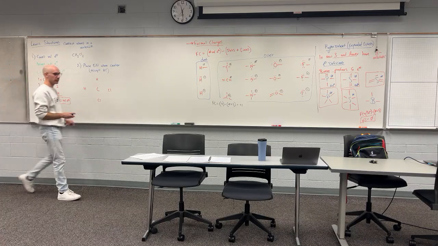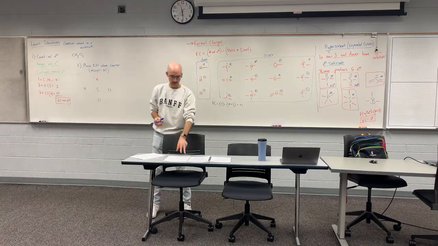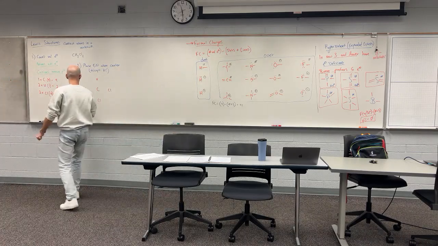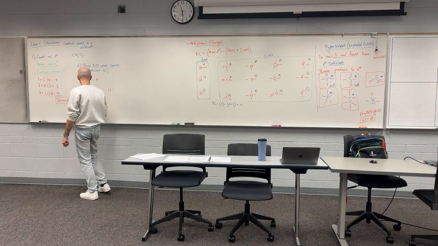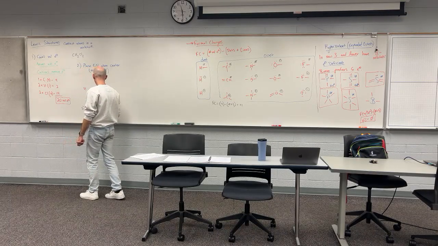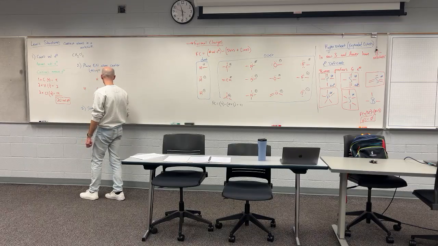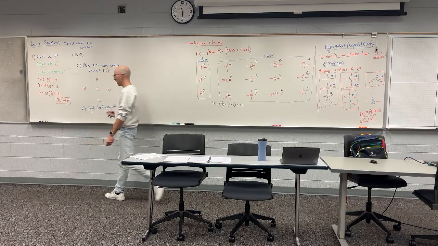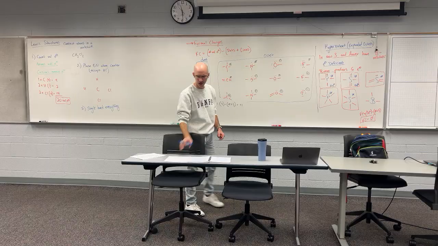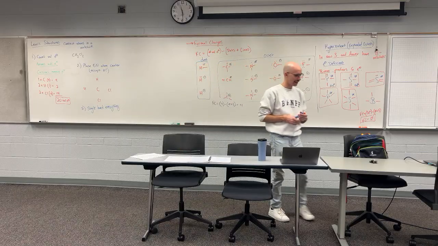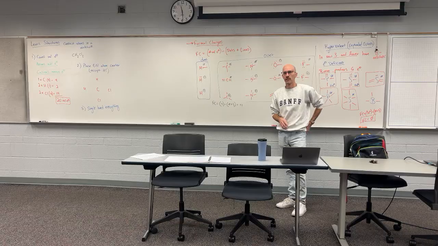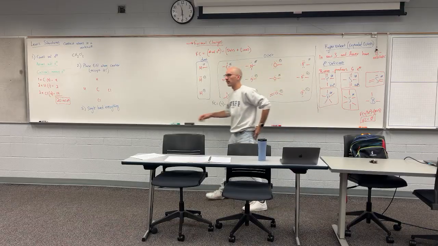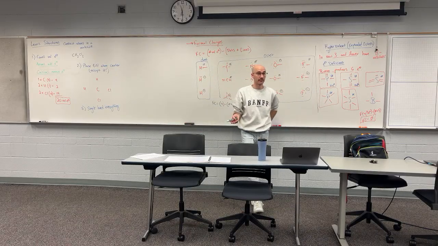Now step number 3, I don't know if, maybe I just put a typo in there. I say single bond once, and I think I really meant to say single bond everything. Everything should be single bonded to something.